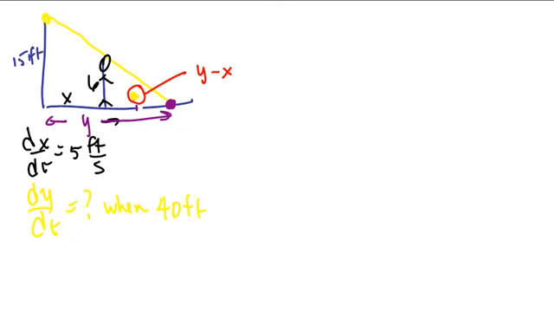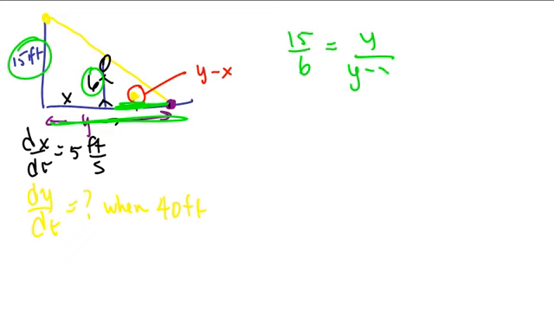So to establish a relationship between these, I'm going to use similar triangles. So 15 compares to 6, and on the big triangle, y, which is all of this, compared to on the small triangle, which is this distance right here, which is y minus x. That's a pretty complicated relationship, especially if I know I've got to take the derivative.